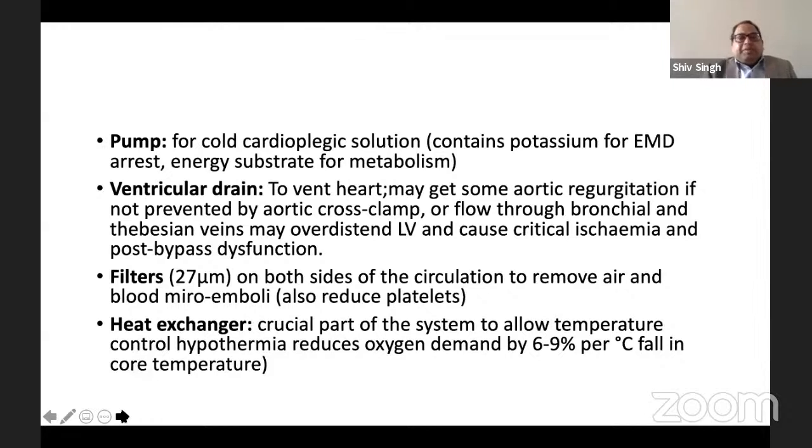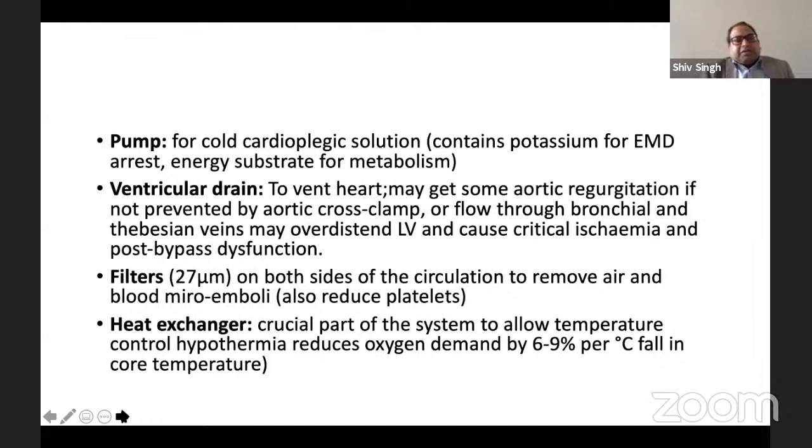Okay, because there may be some amount of aortic regurgitation if there's no proper aortic clamp. And there can also be blood collecting through the bronchial and Thebesian veins, which can lead to overdistension of the left ventricle. And this can cause critical ischemia. And this can lead to post-bypass dysfunction. So it's important to actually have a good ventricular drain as well.